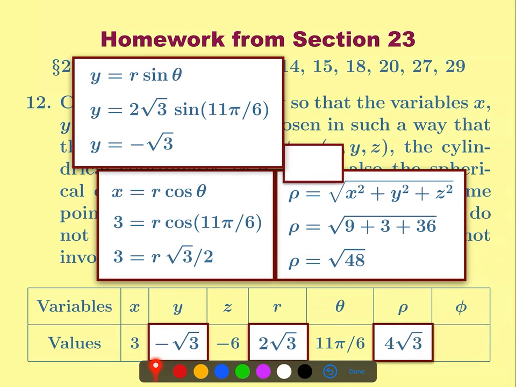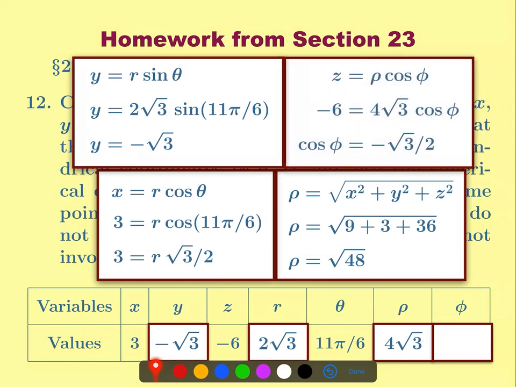Now what do you think we should do? We'll solve for phi. Okay, so for phi, what we always really want to use for this is that z is equal to rho times the cosine of phi. So z we know is minus 6. Rho we know is 4 root 3.